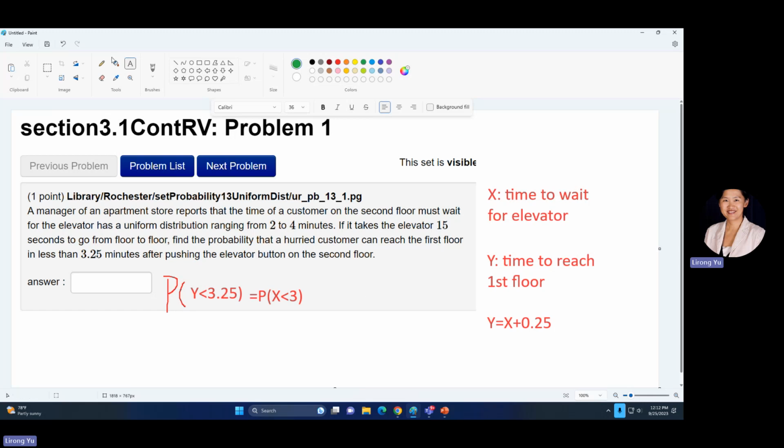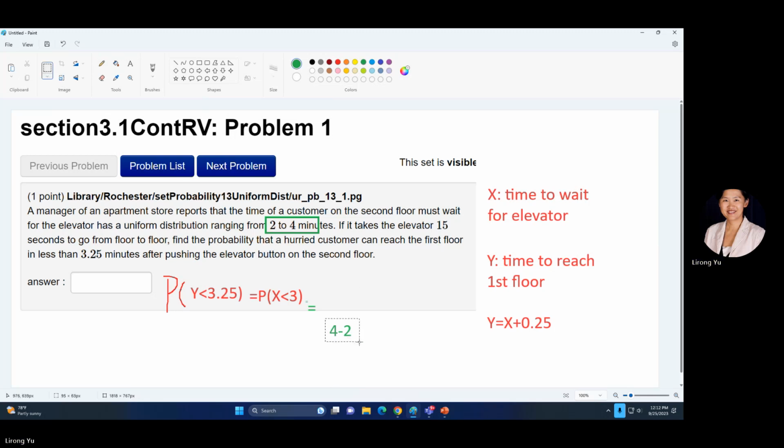Now the waiting time, which is X, is actually between 2 and 4. So this calculation is going to be equal to the denominator, which is 4 minus 2. Then the numerator, let me just go ahead and write it.